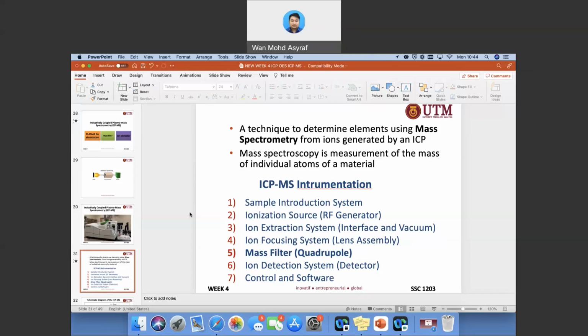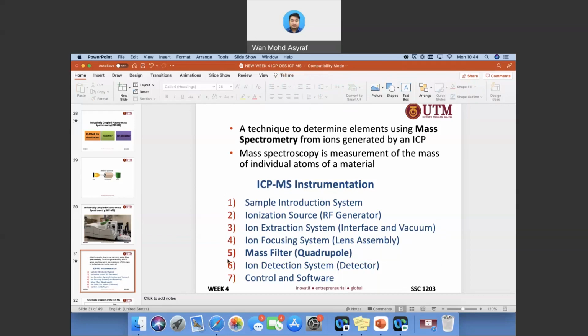Okay, now we are going to look into the instrumentation part. Basically we have seven sections, where I think the most important are 3, 4, and 5, even 6.